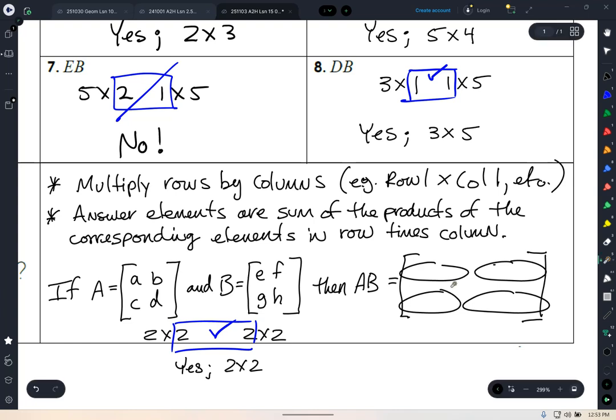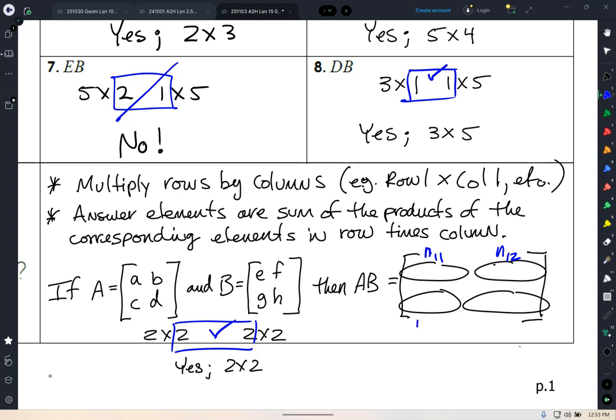Now, what's going to go in here is the result of, I'm going to put N here. This is going to be the result of row 1 times column 1. So N11, which is the element number, is going to come from row 1 times column 1. Then element 1, 2 is going to come from row 1 times column 2.